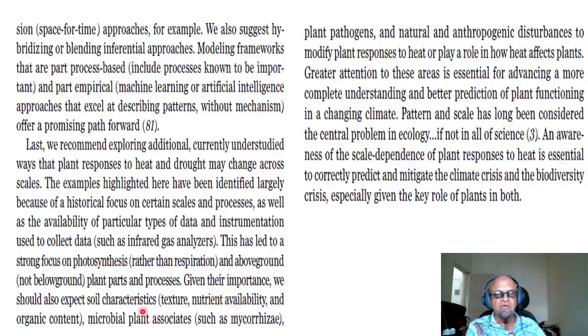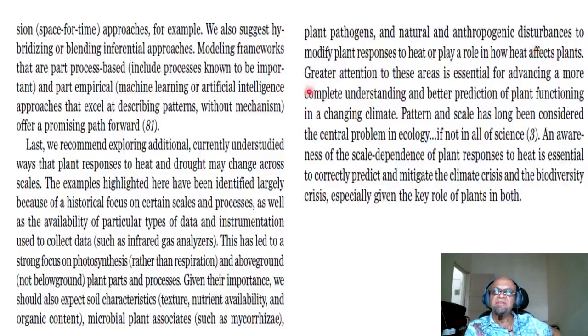Given their importance, we should also expect soil characteristics such as texture, nutrient availability, and organic content, as well as microbial plant associates such as mycorrhizae, plant pathogens, and natural and anthropogenic disturbances to modify plant responses to heat or play a role in how the heat affects plants.